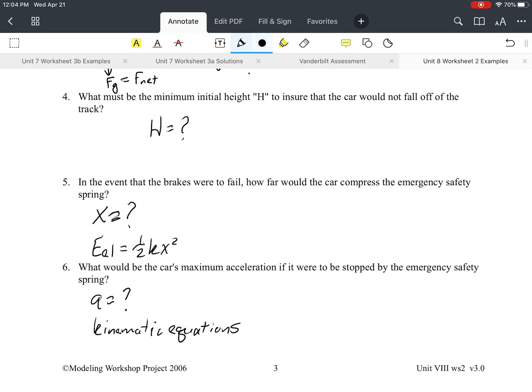So you figure out how much the velocity changed when the car hits the spring. So the car has kinetic energy before it hits the spring at the bottom, and that all turns into elastic energy that you figured out in number 5.